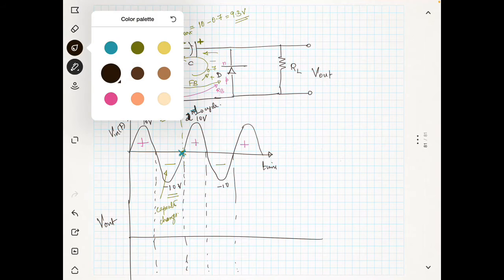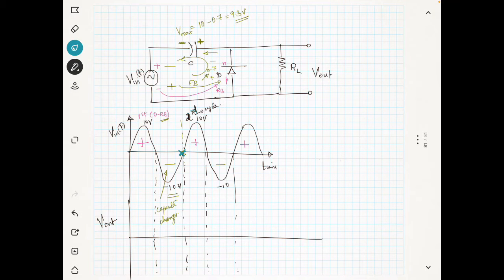During this cycle, what is the situation? Again this is positive and negative, the diode is reverse biased, so there is no current through the diode, because the diode is open circuit. Since the diode is open circuit, I can redraw the figure.